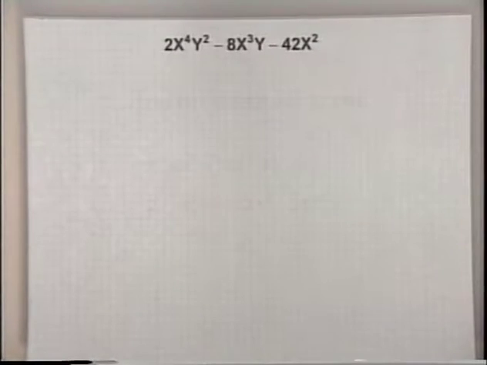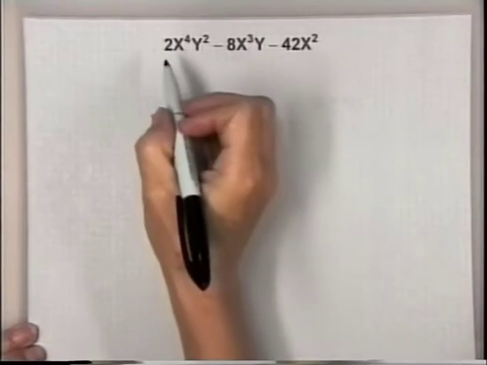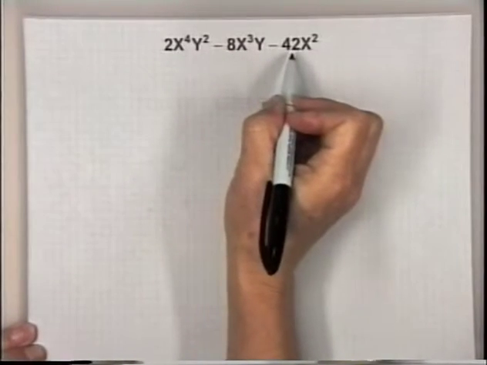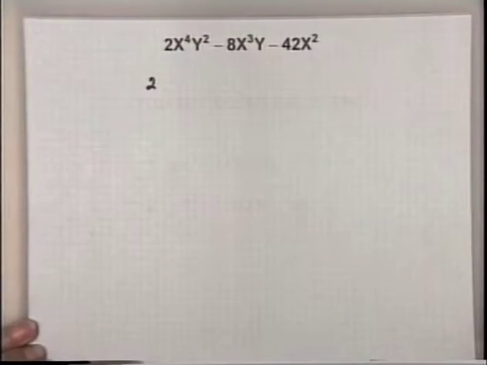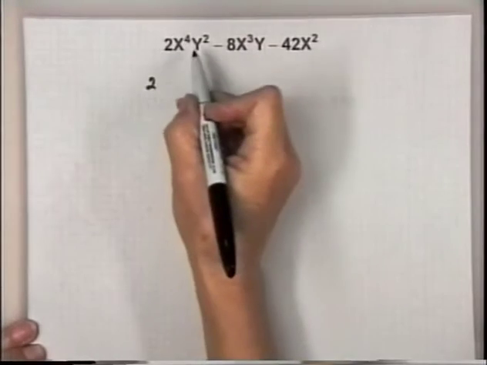Two x to the fourth y squared minus 8x cubed y minus 42x squared. Now you should notice that we do have a common factor here. Looking at the numbers first, all of these numbers can be divided by 2. So we have a common factor numerically of 2. But notice your letters.